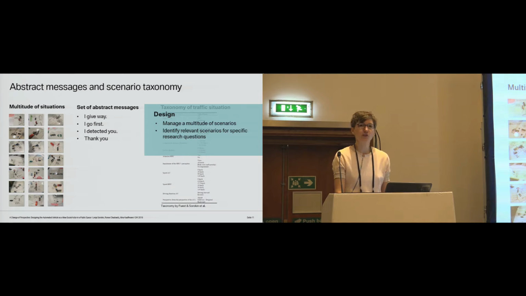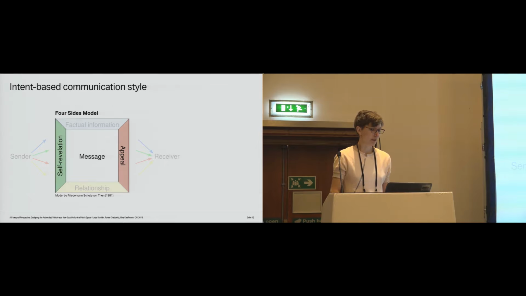The next thing was to define the tonality. As we were not creating a solution for a user task, but rather an actor that has to negotiate its own goals. You all know how crucial tonality is if you want to negotiate something. So to define the tonality, we used a human-human communication model from Schulz von Thun.